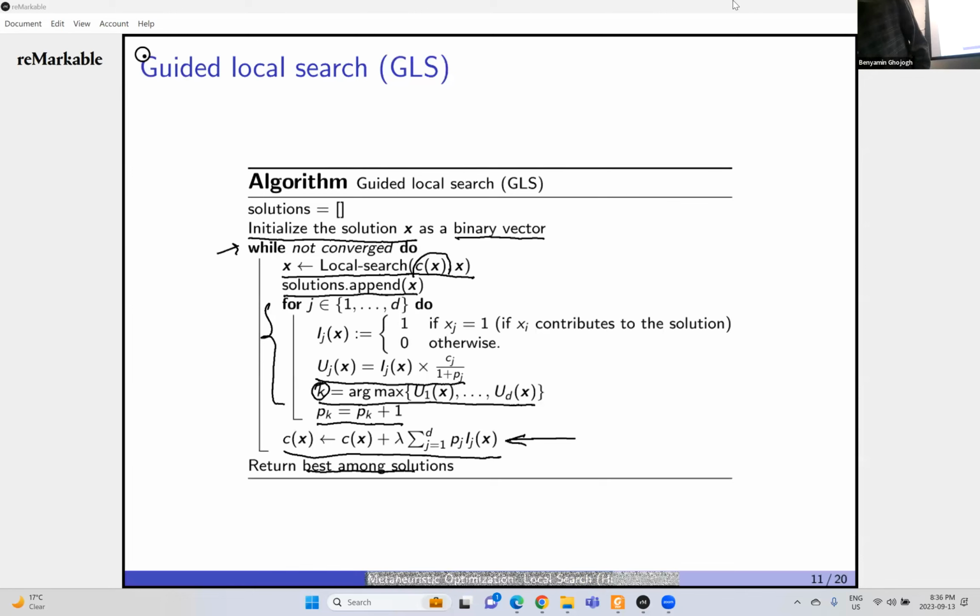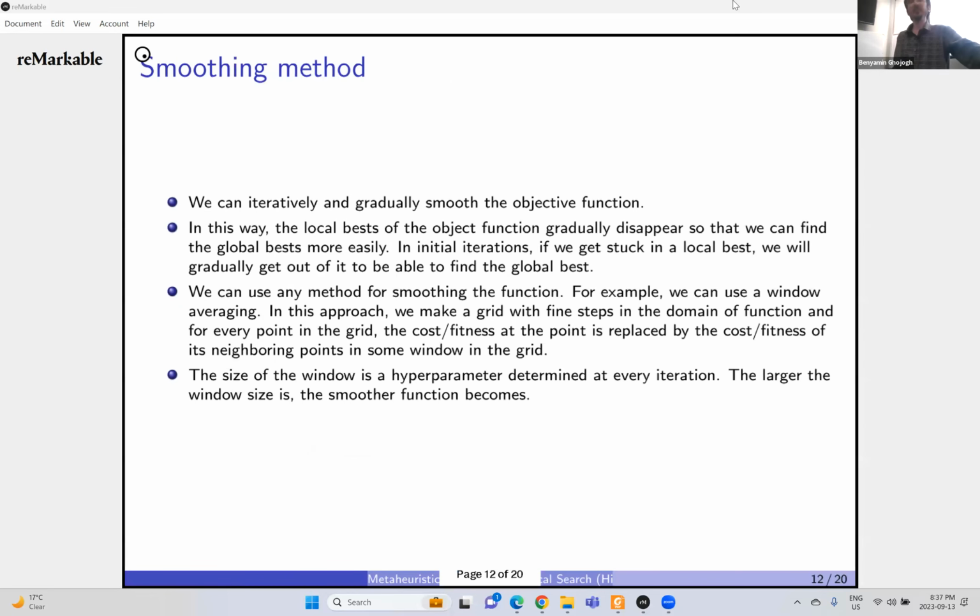Finally, I return the best among the solutions. Okay. I agree, this algorithm is a bit weird. But I think the other algorithms which we'll go through are more straightforward. But we had to cover it because it was an important algorithm in local search.